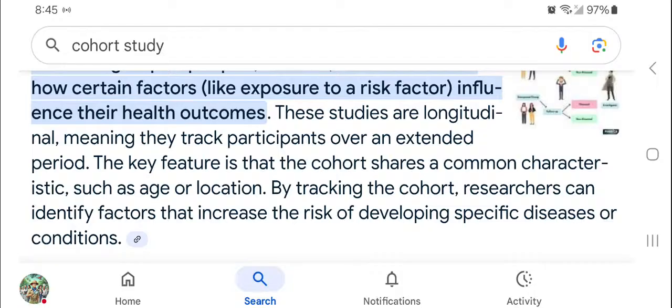Because for a case control study, something happened already, we simply trace back, backward, to something in the past, in the patient records, something like that. We just go to the hospital or somewhere they keep the patient records, and we want to see.